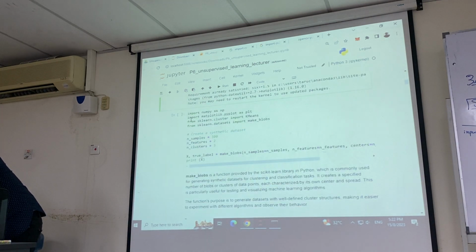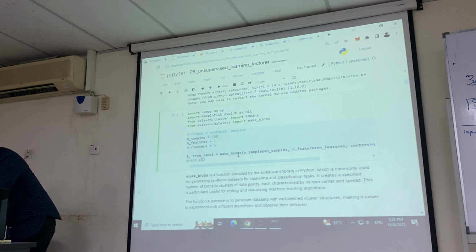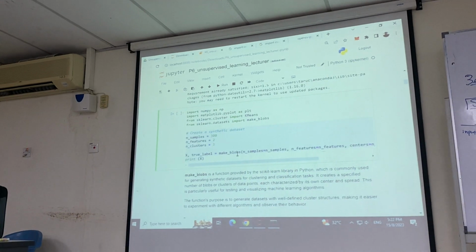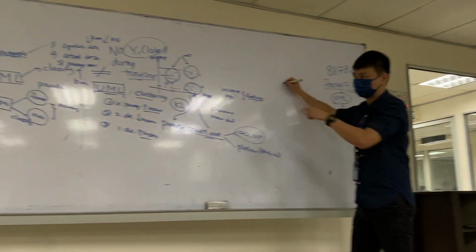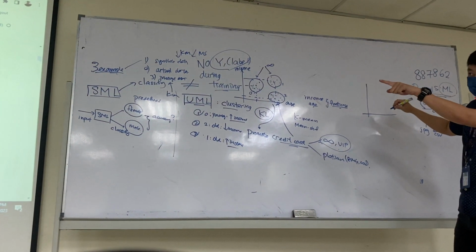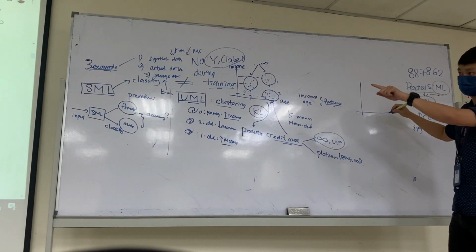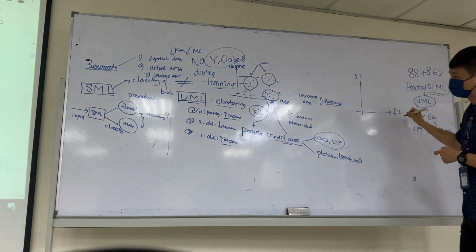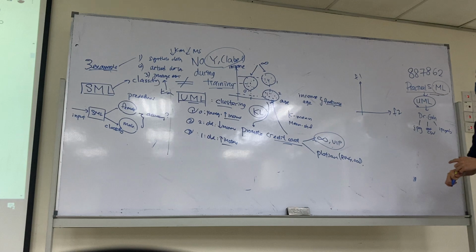Then we have a second cell here, to create fake data, synthetic data. In this case, I would like to create 300 samples. It means that I have n_samples 300, and n_features 2 means that I have only 2 features, feature 1 and feature 2.